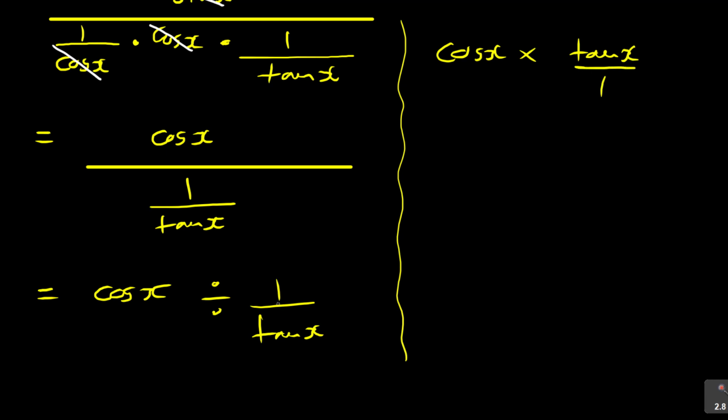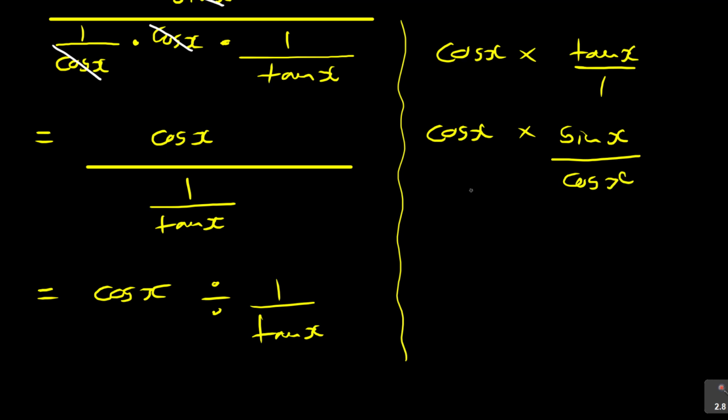Remember, when you change from divided to times, you invert. Now remember, tan is sine over cos, which is cos x times sine x over cos x.